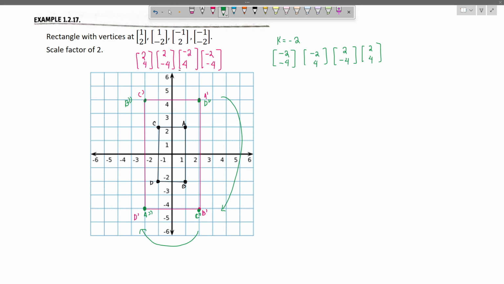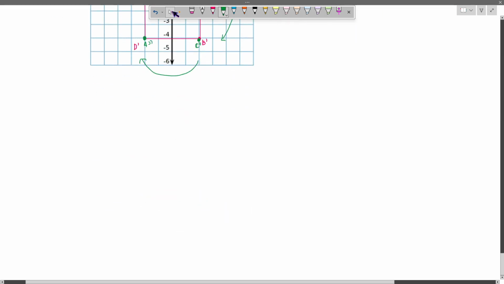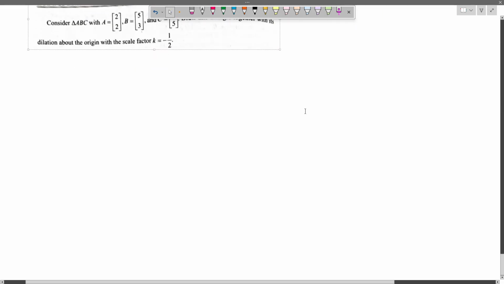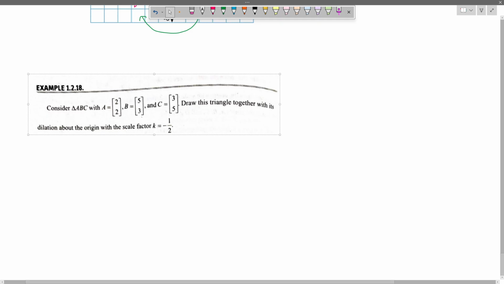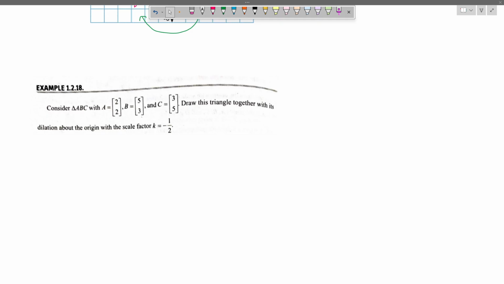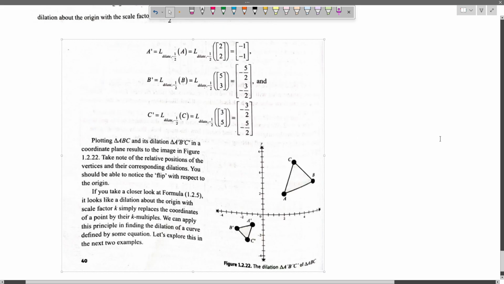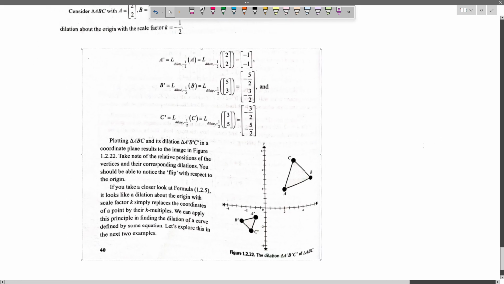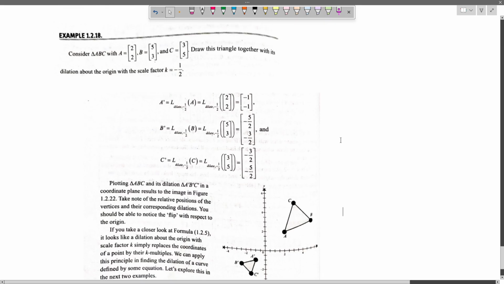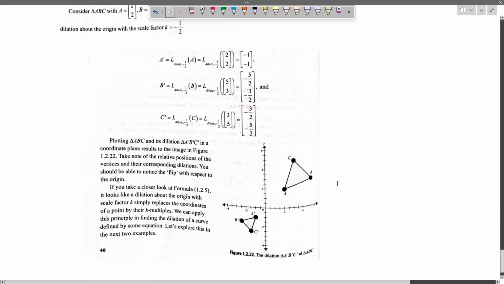We also have some examples in the book for dilation. So here we have a scale factor of -1/2, and this is what it looks like. Okay. So the points, maybe to visualize it better, you can plot it with a scale factor of 1/2 first, and then from there you can check, or you can also plot the -1/2 scale factor to really see the difference.